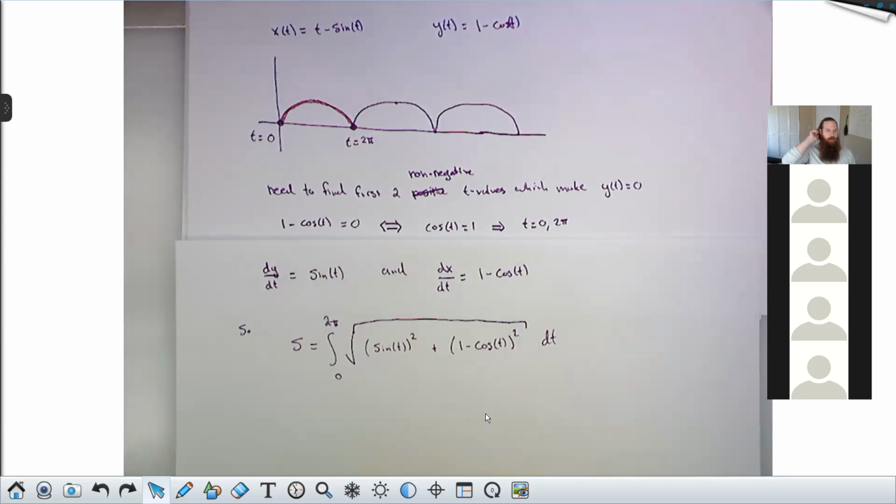So my task is now to evaluate this integral. Questions on how we got here? Okay.